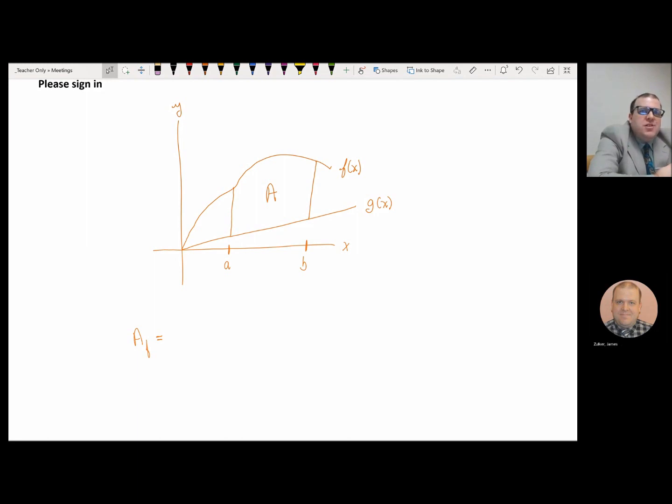We know the area that's strictly under f, right? We know the area that's strictly under g.